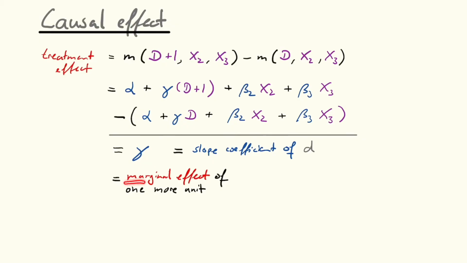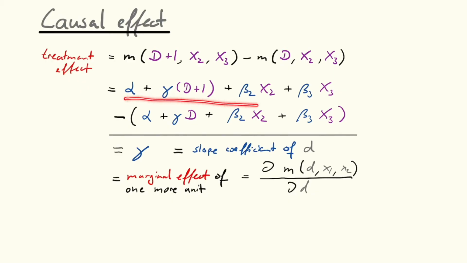The notion of a marginal change is obviously related to differential calculus, and indeed, if we take the M function and we partially differentiate it with respect to D, we will get exactly gamma.